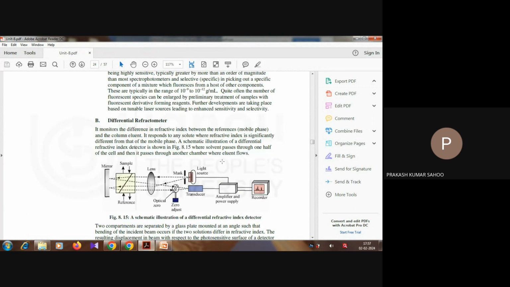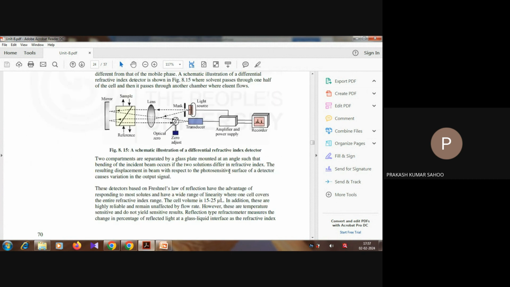Then the differential refractometer: it monitors the difference in refractive index between the reference and the column eluent. The reference is our mobile phase and the column eluent is our sample. So this monitors the difference in refractive index. This is the setup: sample, mirror, lens, mask, then a light source, recorder, amplifier, then a transducer, optical zero, references.